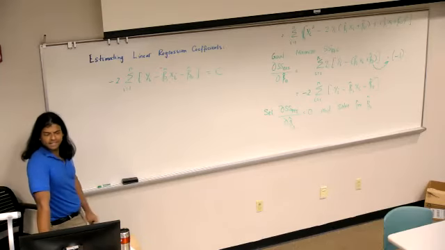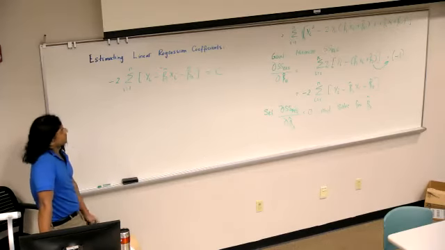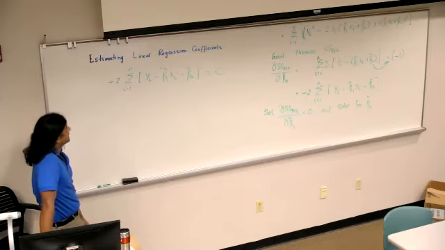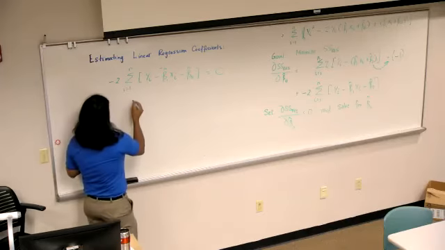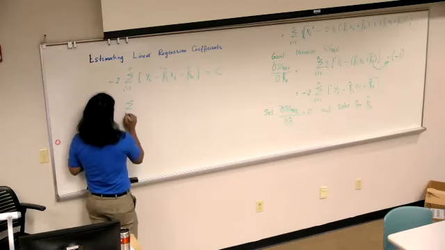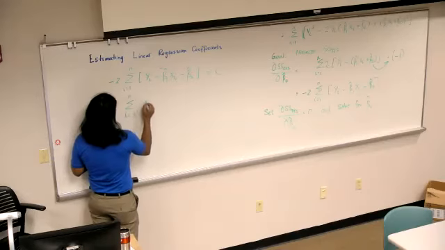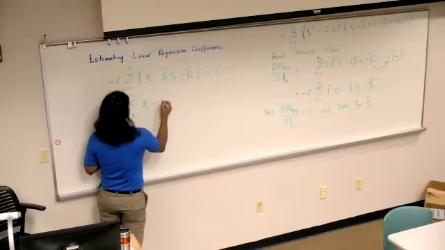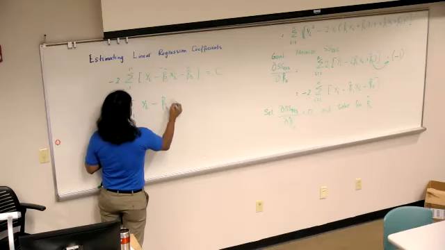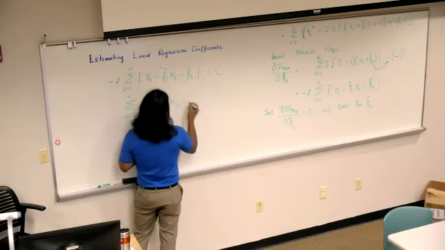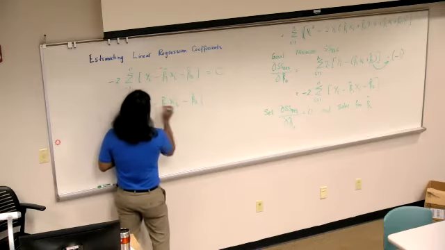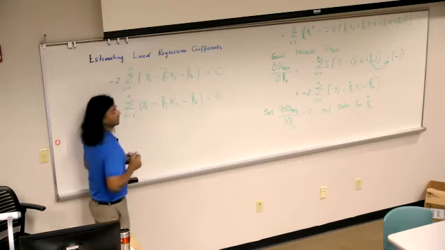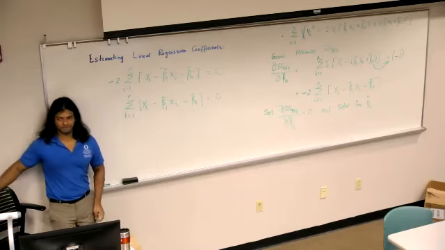Good. Setting it equal to 0, I want to solve for beta naught hat. We'll divide by -2, and that's going to go away. So I simply have the sum from i equals 1 to n of yi minus beta 1 hat xi minus beta naught hat equals 0. What is the next step?